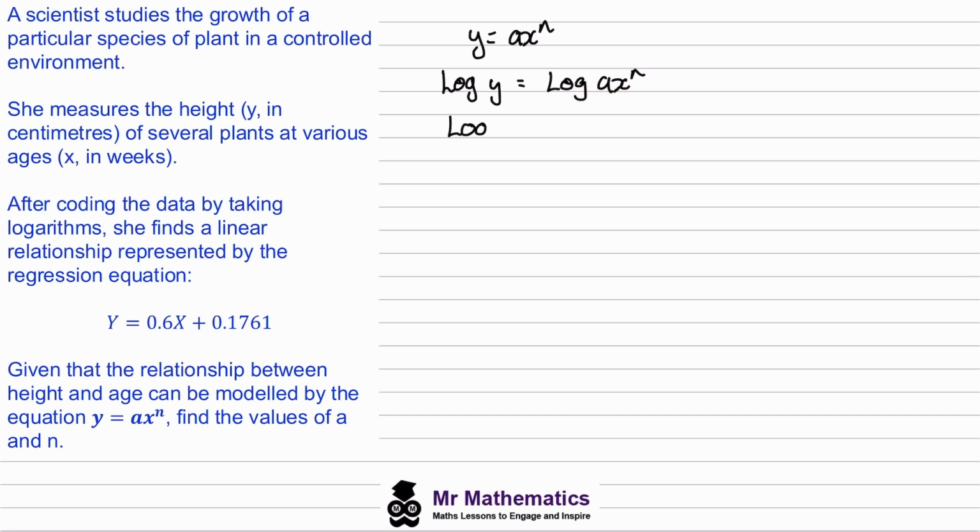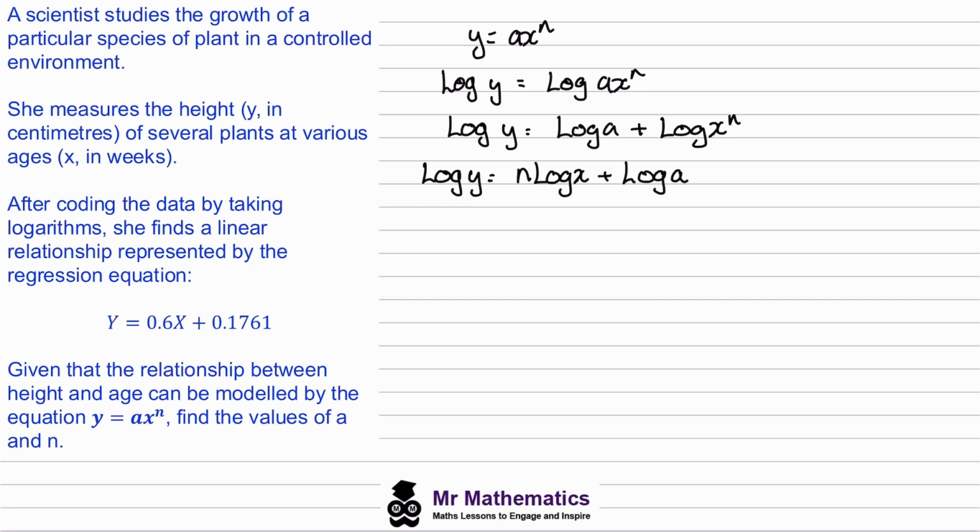So the log of y will be the log of a plus the log of x to the n. And again, I'm going to make this the first term and use the power rule to bring this n down. So the log of y will equal n log x plus log a.